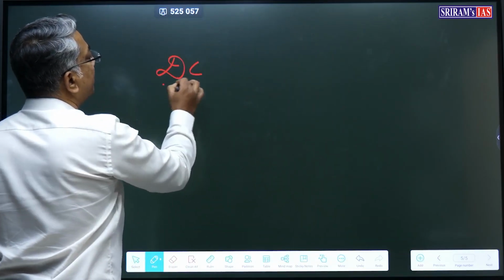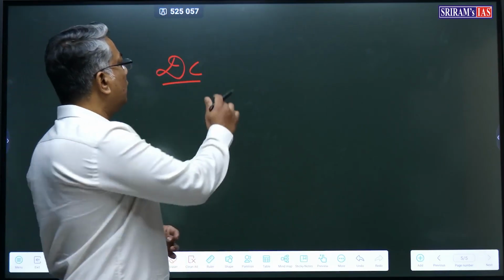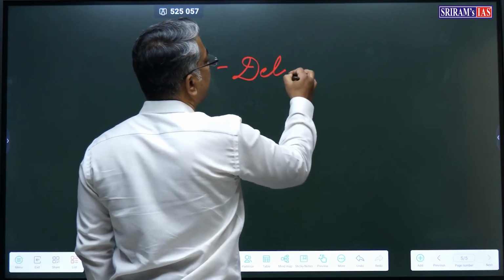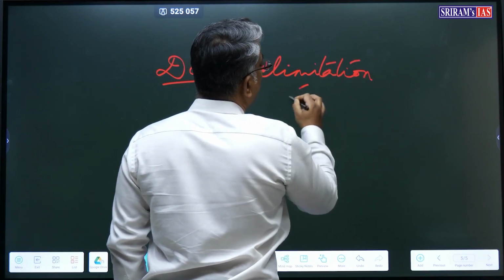Delimitation Commission is constituted for the process of delimitation. So, is the Delimitation Commission a constitutional body or a statutory body?